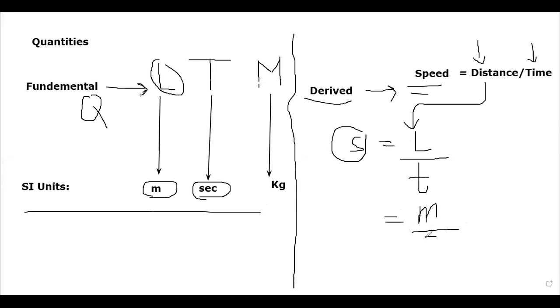So it's meter over seconds, which is the unit of speed. The unit of speed is meter per second. We find that the unit of speed is a derived unit made of meters per second. That's the difference between fundamental and derived quantities.